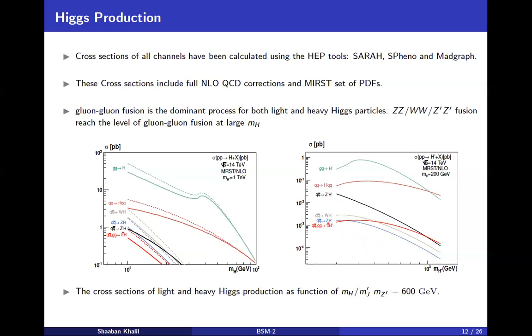So everything is reduced a bit, due to the reduction in the coupling. But now we gain that H prime can also be produced with a not very small cross section that can be probed at the LHC. And the variation in the standard model H is not dramatically bad.